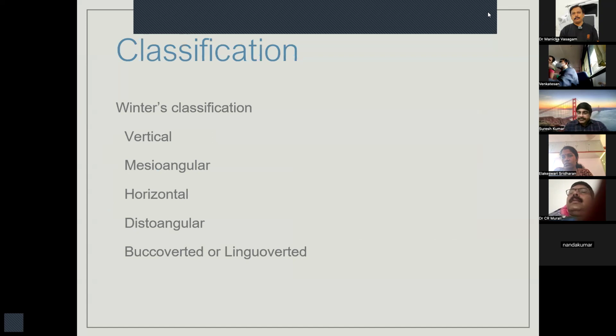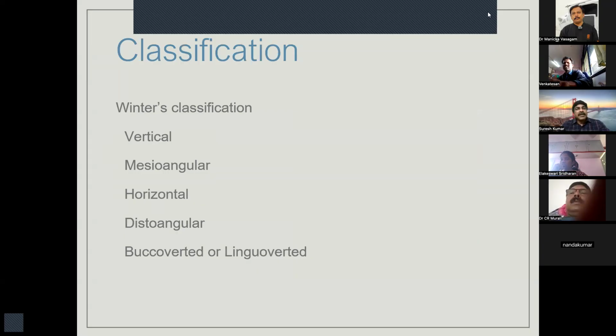Okay, so when you start dealing with impacted teeth in your clinic, especially the lower third molars, you need to classify them, which will give you a rough idea how difficult or how easy it is going to be, and whether you can perform it without any issue. For that we need a classification.